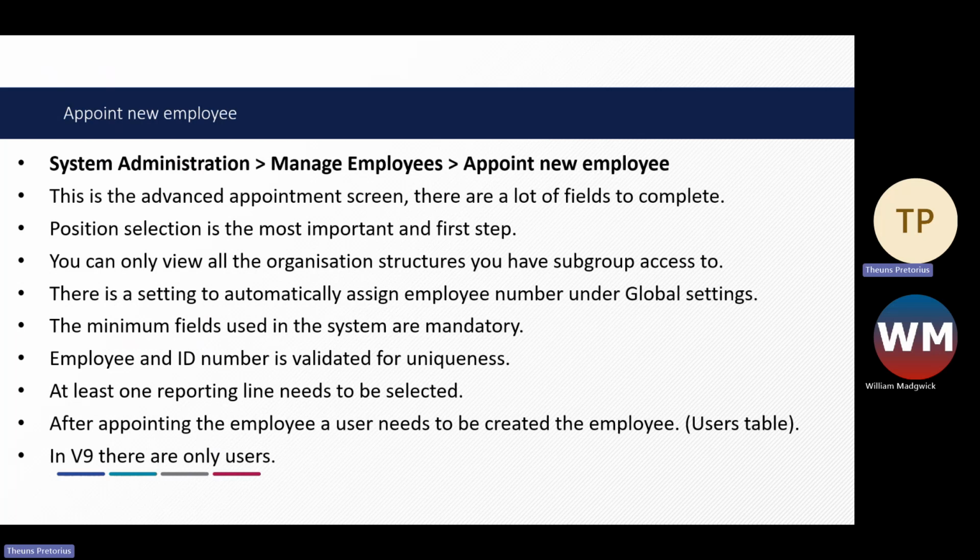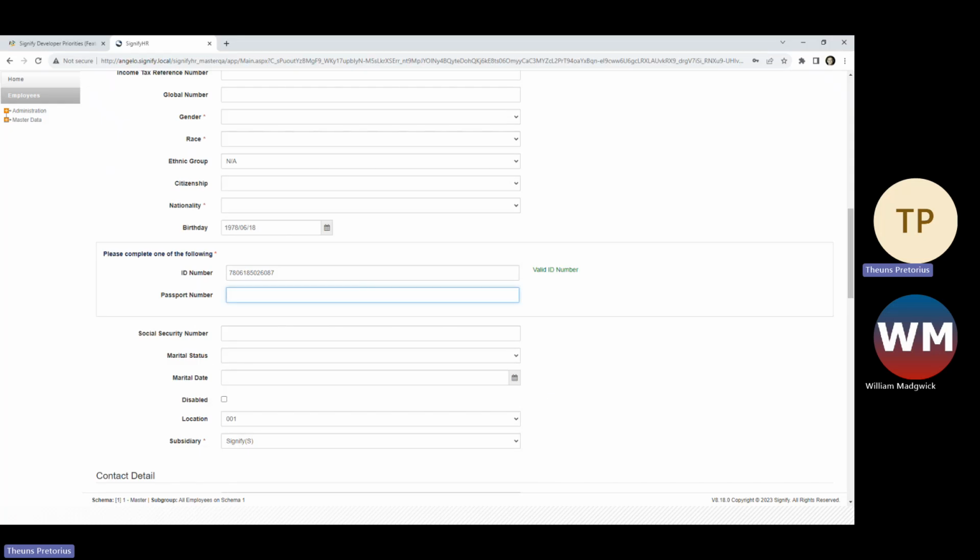After appointing the employee, a user needs to be created for the employee. So once you've created the employee, when you select the employee, you select one that has already been created.